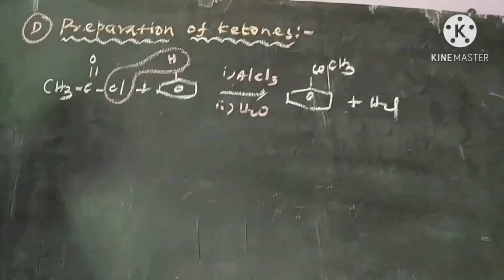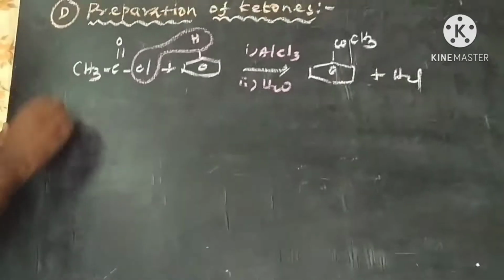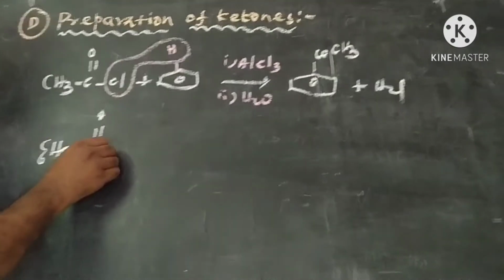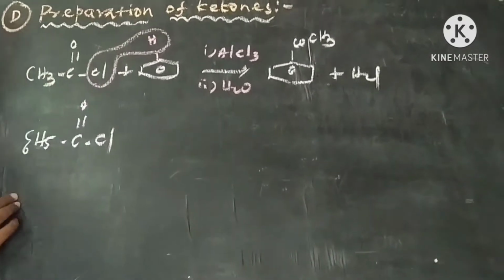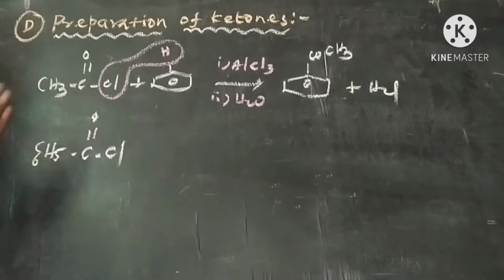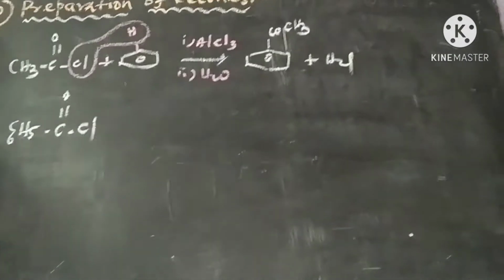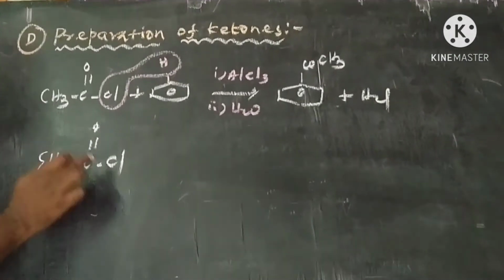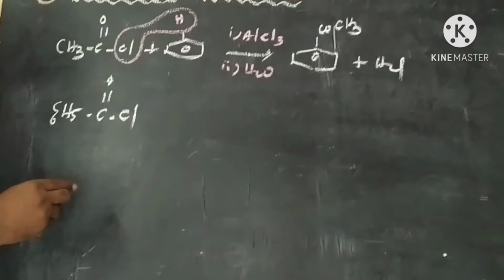The next one is a slight variation. Instead of CH3, we write C6H5, C double bond O, Cl. CH3COCl is acetyl chloride, and C6H5COCl is benzoyl chloride.